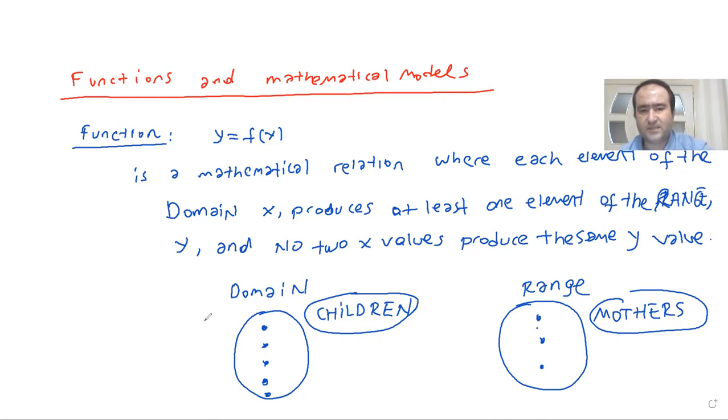Children to mothers, you can think like that. So each element of the domain x produces at least one element of the range. It can't go to two mothers.